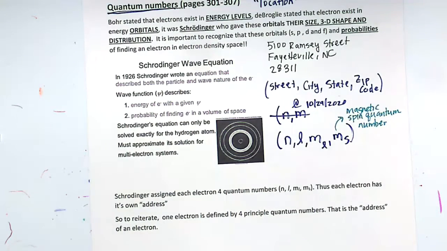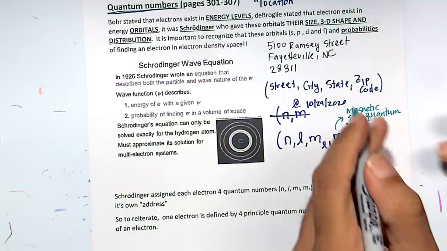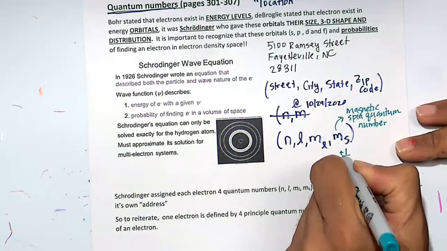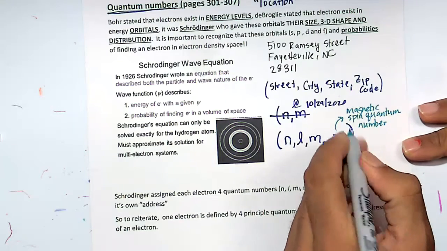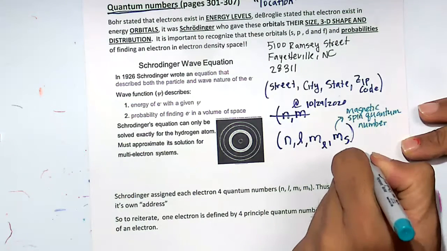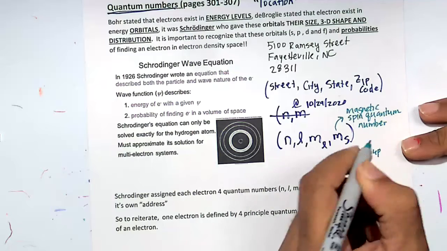Imagine you put an electron in a high magnetic field. It will either orient with the magnetic field or go against the magnetic field. If it orients with the magnetic field, we call that spin up, which is plus 1/2.